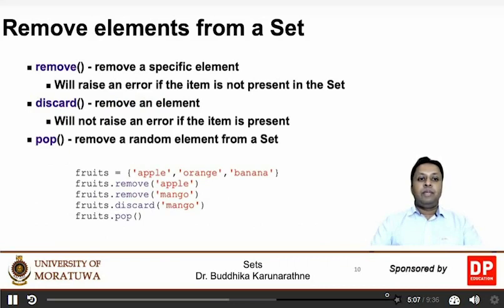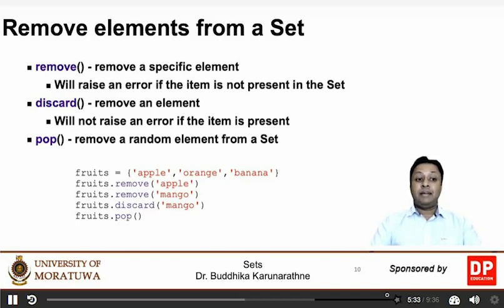Now, let's see how we can remove elements from a set. We have several ways to do that. We can use the remove method, which takes in the element as the parameter. However, if we provide an element which is not present in the set, the remove method will raise an error.